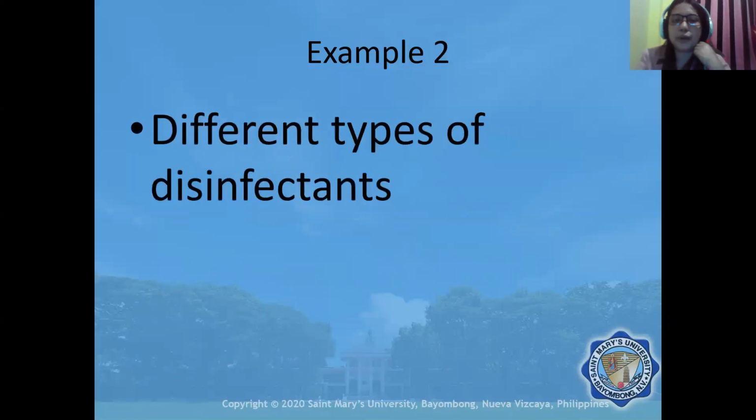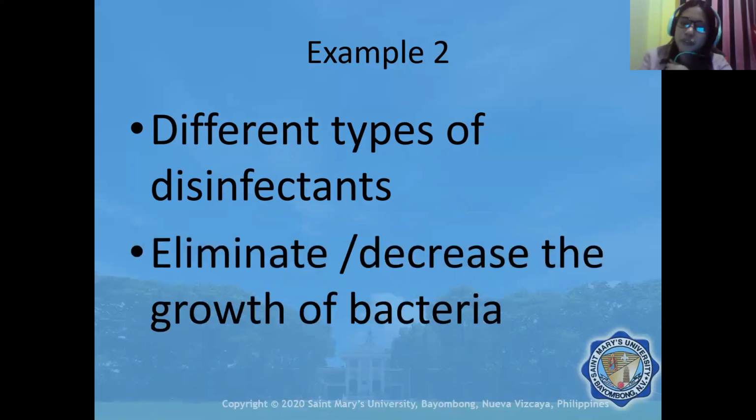So example number 2. For example number 2, we have here different types of disinfectants. And of course, since these are disinfectants, the objective is to eliminate or to decrease the growth of bacteria. So in the setup, where you consider the different types of disinfectant, this might influence the decrease or elimination of the growth of bacteria.